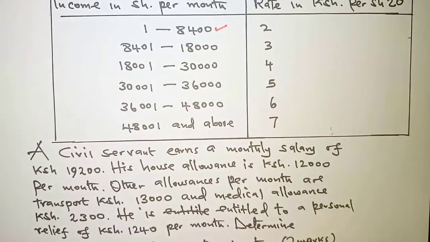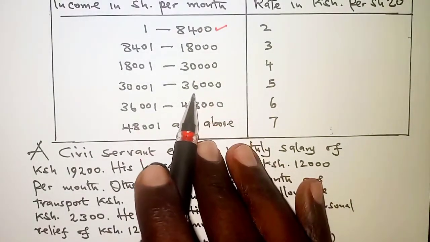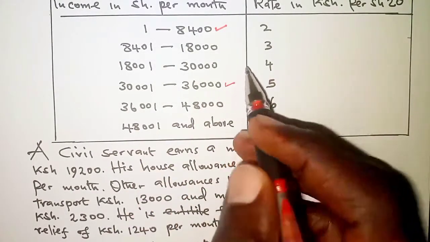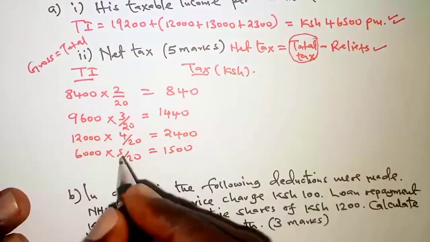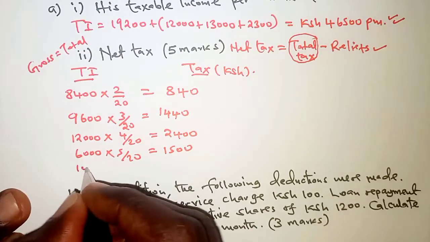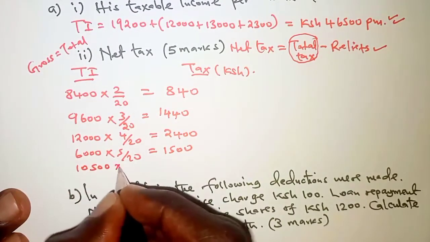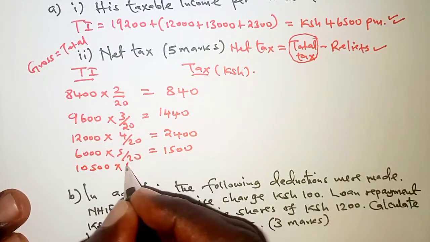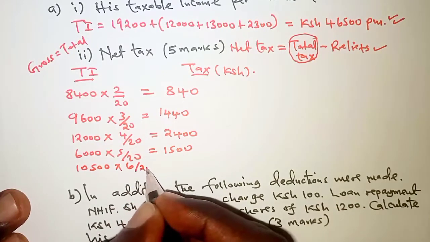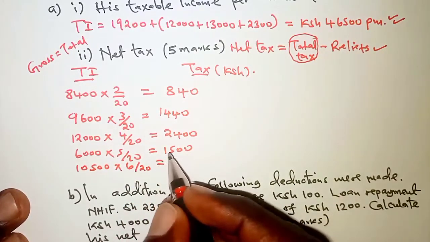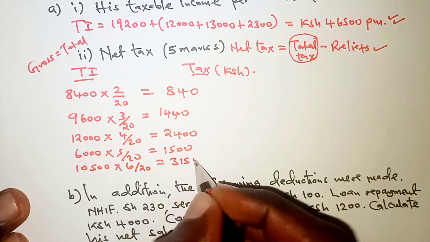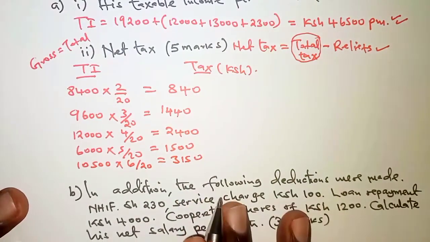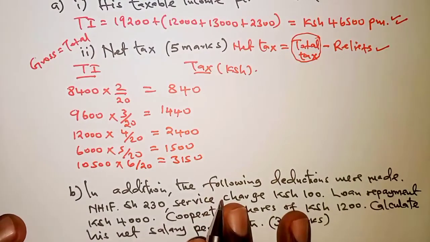And when we get the difference, 46,500 minus 36,000, that should give us 10,500. So we have 10,500 multiplied by the rate there, which is 6 shillings per 20 shillings, and that should give us 3,150.